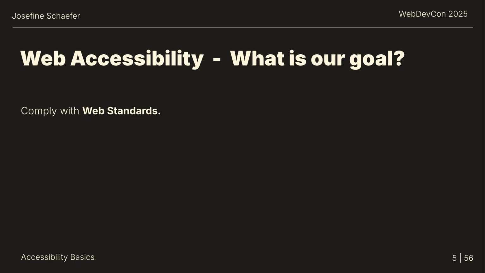So what is web accessibility and what is really our goal here? Our goal is to comply with web standards. More specifically, we want to comply with the WCAG, the Web Content Accessibility Guidelines. For everything in tech, we have documentation, right? And that's the documentation that we're referring to in terms of accessibility. Maybe show of hands, who has worked with accessibility before?